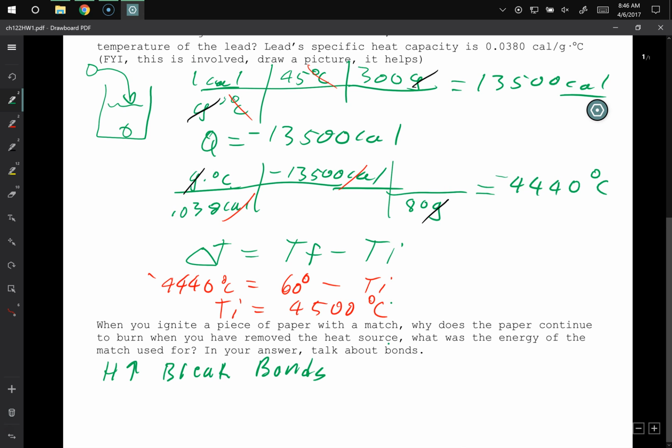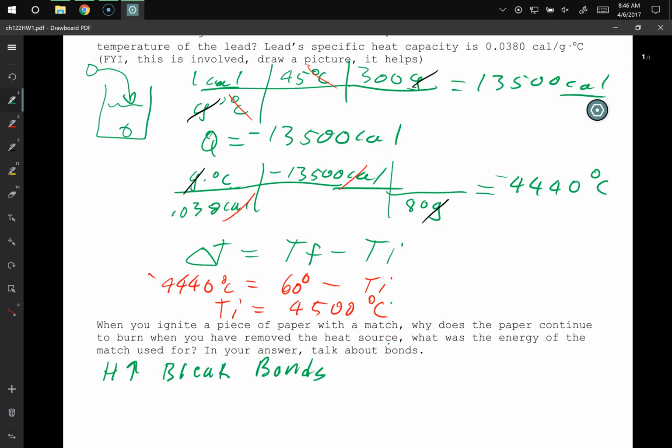To start those bonds breaking. And once those bonds start breaking, since we're talking about a piece of paper, what's the molecule that's actually being burnt? It's glucose, right? Because paper's just wood.